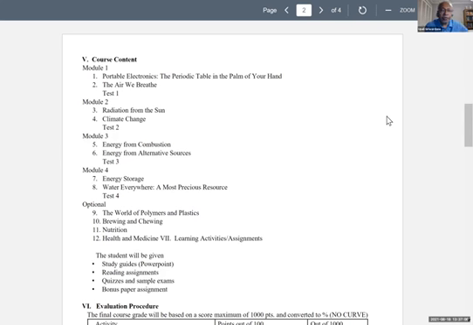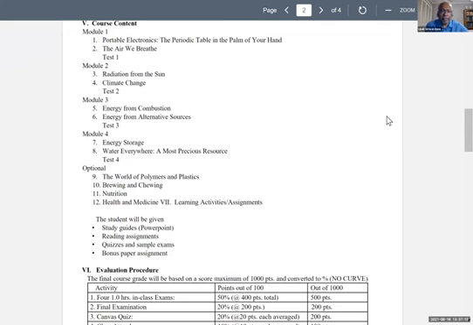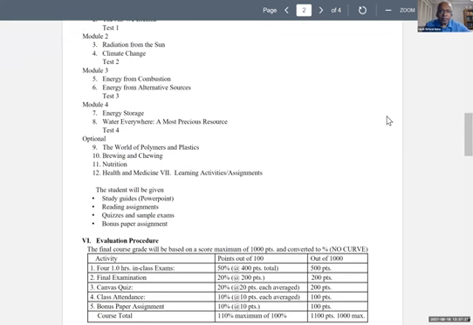Module 2 covers chapters 3 and 4, Module 3 covers chapters 5 and 6, Module 4 covers chapters 7 and 8, and so on. We have a final exam covering chapters 1 through 8 at the end of the semester.